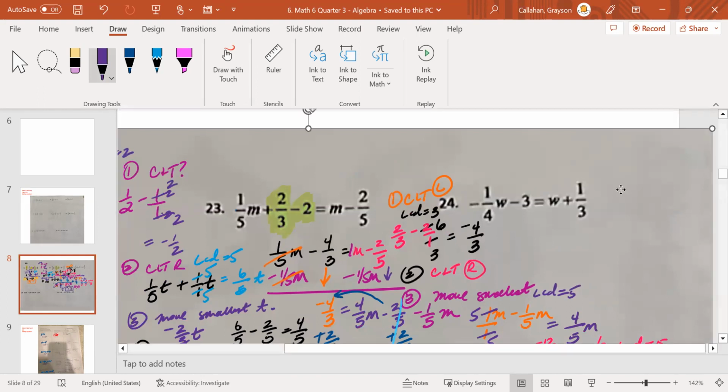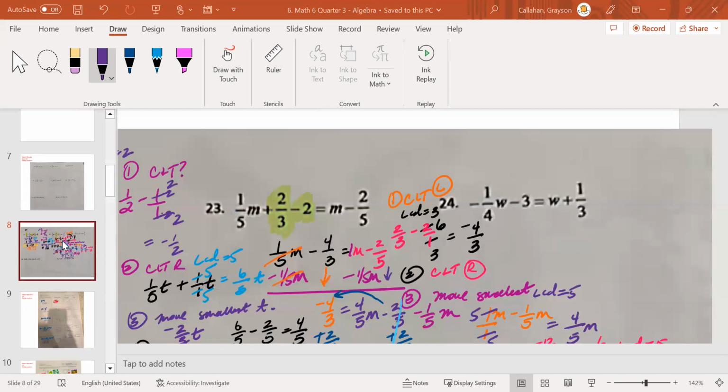For number 24, we're going to do this on a separate one because I'm running out of space.